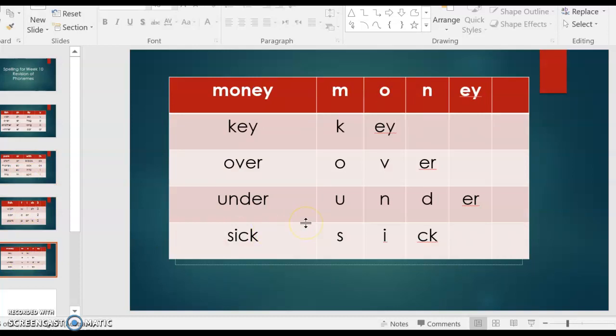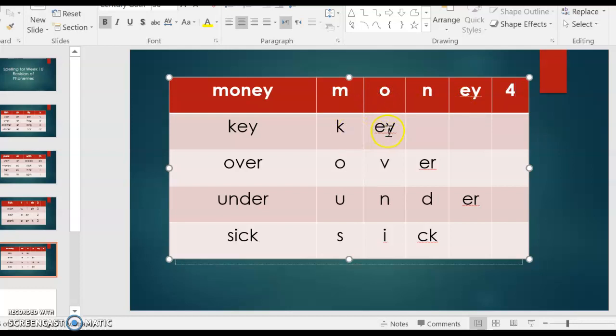So now we've got money. And I already filled this one in. Money. M, A, N, E. How many? 1, 2, 3, 4. Because the EY is counted as 1. 4 phonemes. M, A, N, E. Key.